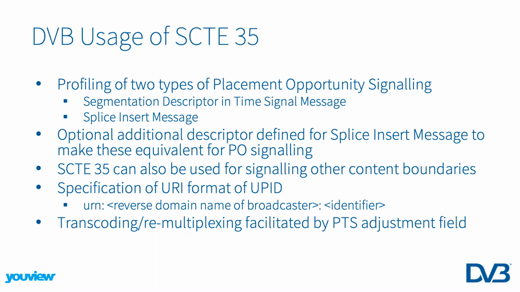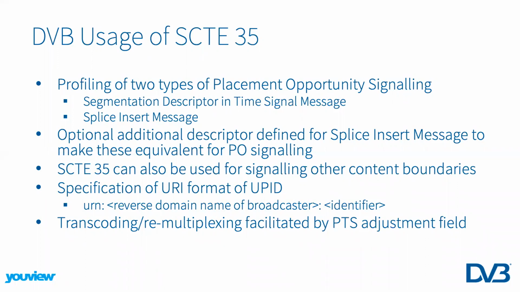And for the identifier, we recommend the use of the airing ID format. So that's 16 hex characters, but that's not mandatory. Broadcasters might have other identifiers that they prefer to use, and because we have the interoperability guaranteed by using the domain names, we don't really need to standardize the identifier itself, the identifier part of that UPID field.